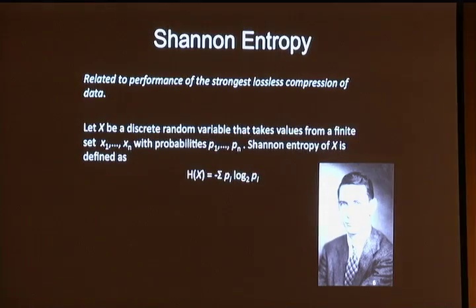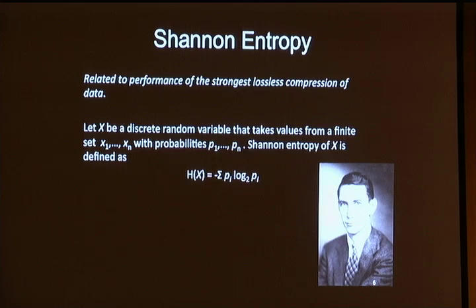Let me talk a little bit about Shannon entropy, which you're probably more familiar with. It's related to the performance of compression algorithms. Mathematically, suppose we have a probabilistic process which takes n different values from x1 to xn, and each of these happens with probability p1 to pn.